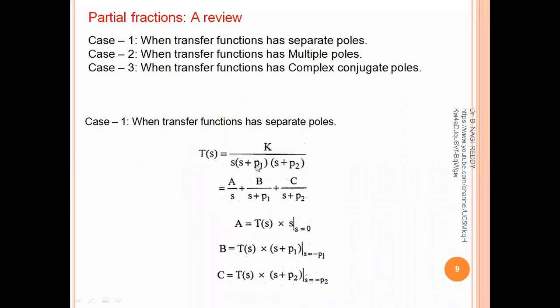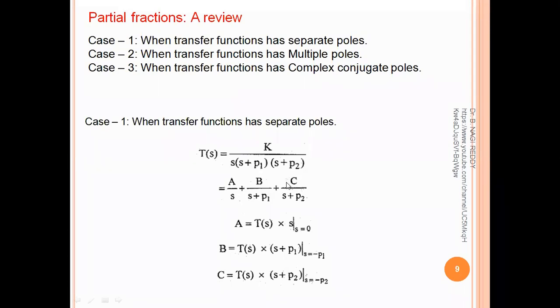Now take an example here. The transfer function T of s is equal to k by s into (s plus p1) into (s plus p2). In order to calculate this, we need to split it in this format, right? So a by s plus b by (s plus p1) plus c by (s plus p2).